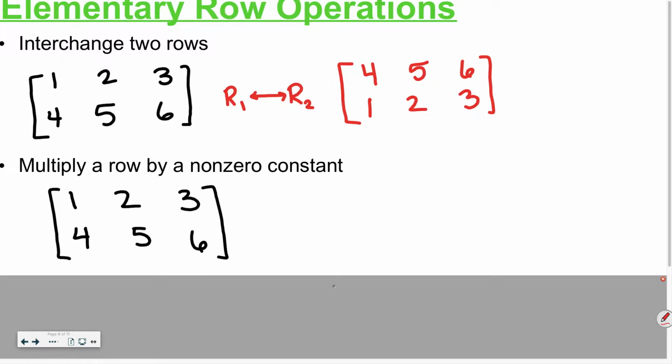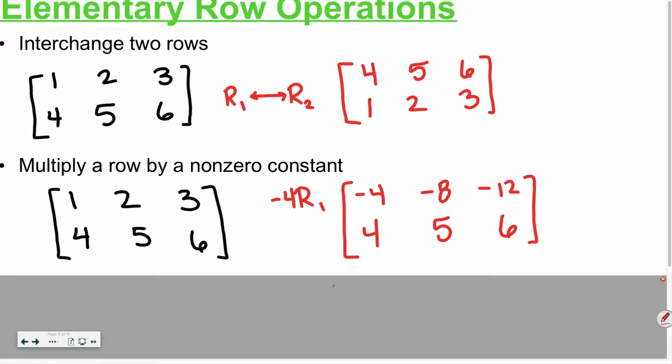So, for example, with my 1, 2, 3, 4, 5, 6 matrix, we could take row 1 and multiply it by -4. And if we do that, we would get -4, -8, -12, 4, 5, 6.